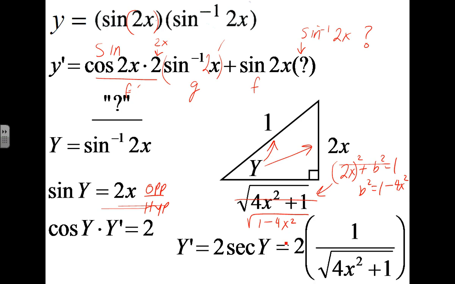So that's going to turn out to be 2 times the square root. Down here should be 1 minus 4x squared. Square root of 1 minus 4x squared. Yeah, it should be 1 minus 4x squared. All right. Now all I have to do is take that and put it back in my answer.